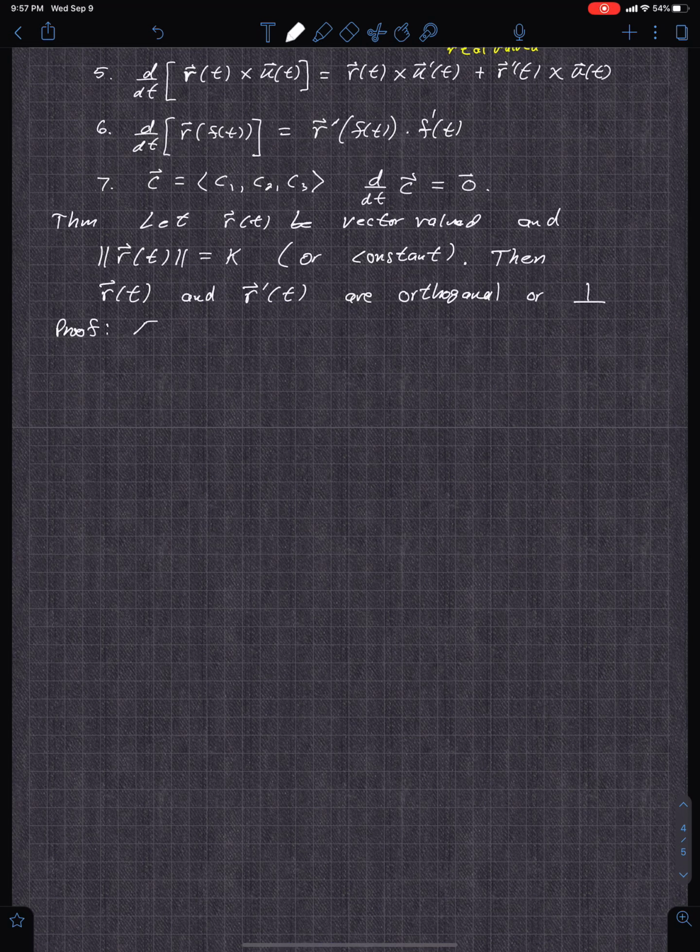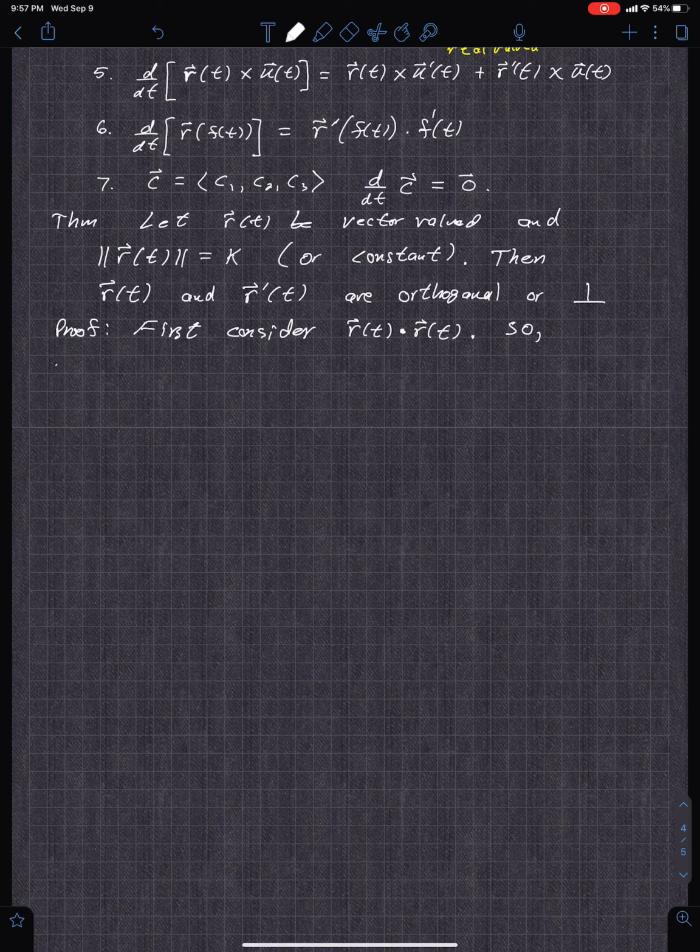All right, so first, consider r of t dot r of t. So you're doing a dot product with itself. Now, going back to vectors, what do you get? If you do v dot v, what does that equal?